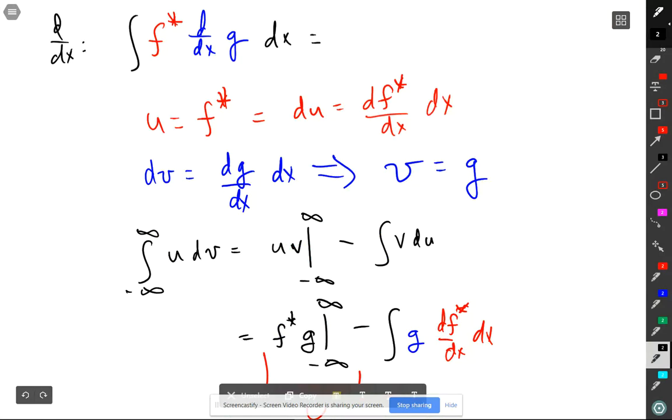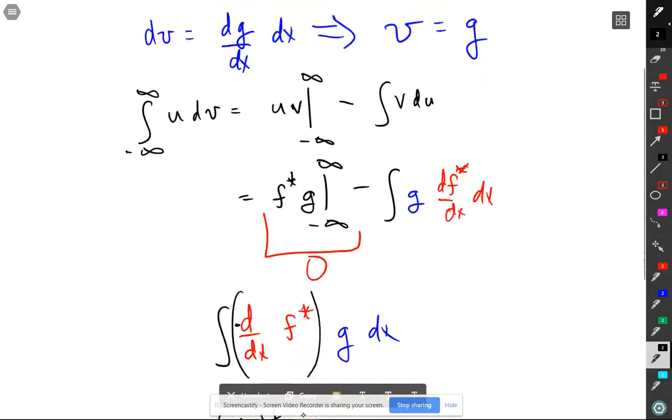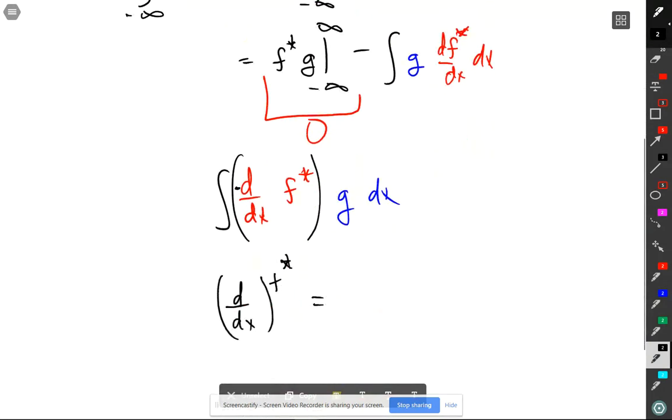What do I have operating on f star? So the complex conjugate of the adjoint of d dx is minus d dx.